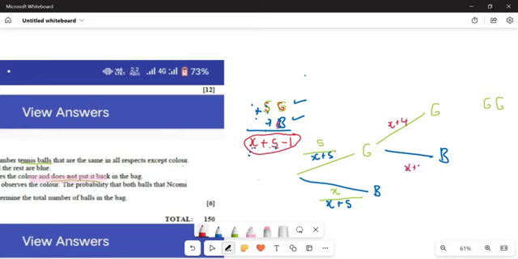And then when we go for the second time, remember, we chose 1 which is green. We no longer have 5 green.